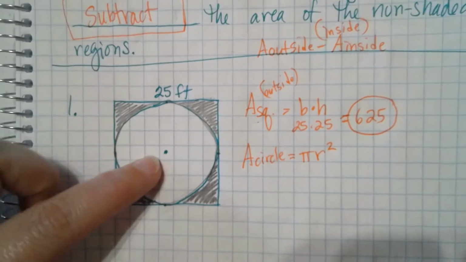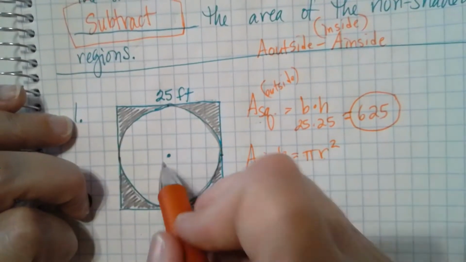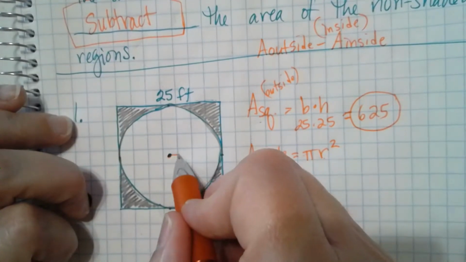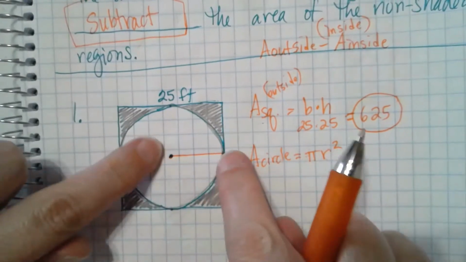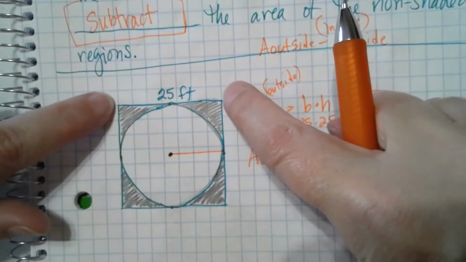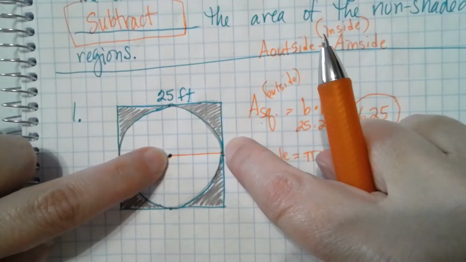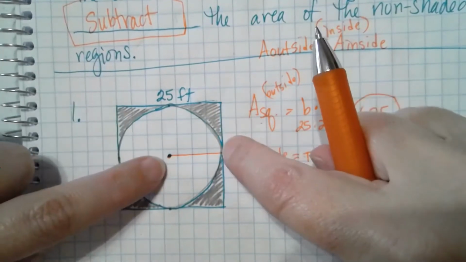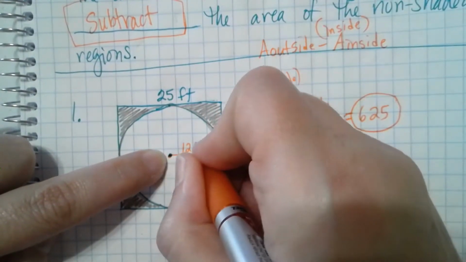So what do we need in order to find the area of this circle? We need the radius. The radius starts at the center and goes to one edge. Is this the same as this 25? Nope. How much of that 25 is this? It is half of it, and half of 25 is 12.5.